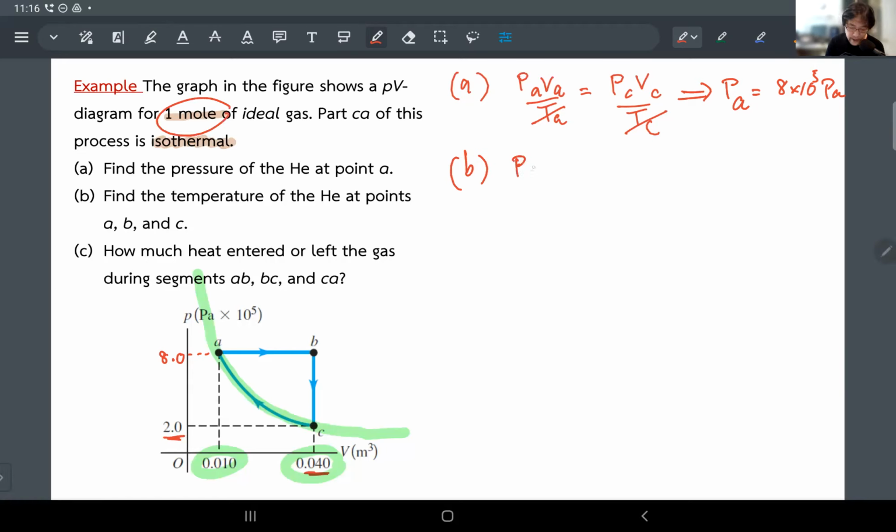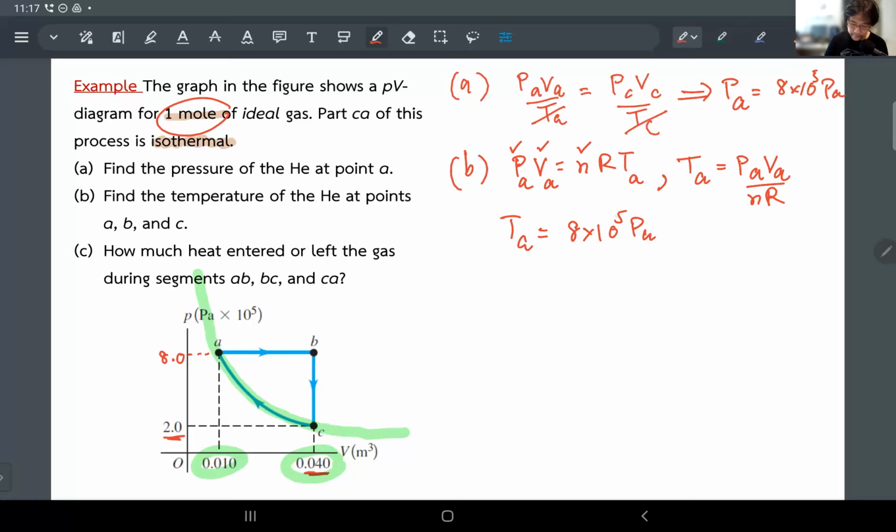So PV equals nRT. You can pick a point, for example, point A. So it's PA VA equals nRT at A. P is known, V is known, n is known. You can figure out the temperature at A right away. Like that. All right. So T at A is supposed to be PA VA over nR. And that's it. T at A is going to be, now I can plug in the numbers. P at A is 8 times 10 to the 5th Pascal.